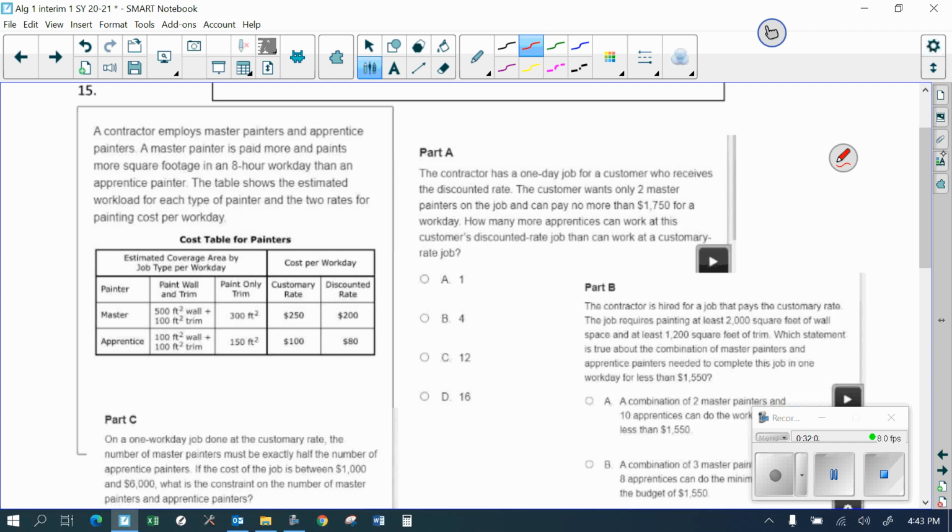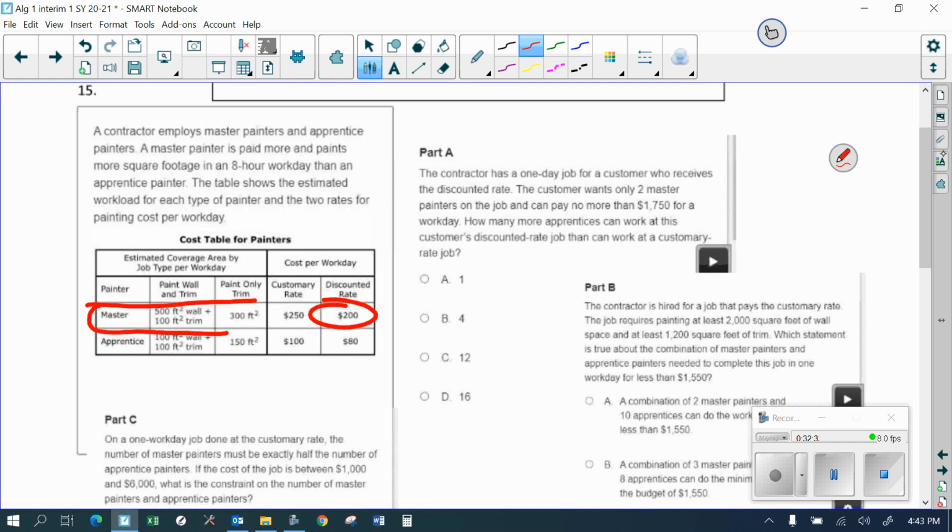Part A, the contractor has a 1-day job for a customer who receives the discounted rate. The customer wants only 2 master painters, gets the discounted rate, and can pay no more than $17.50 for a work day. So that's going to be cost per work day.